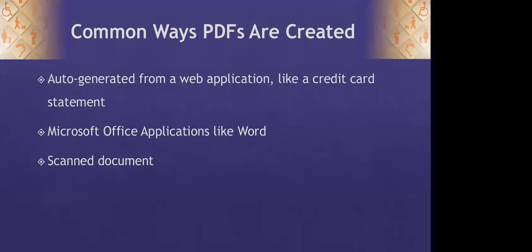And the other one to consider is a scanned document. And there may be a host of reasons why you may receive a scanned document, or you have a scanned document that you need to do something with, and what you need to consider if you want to share that and post that out on the web.